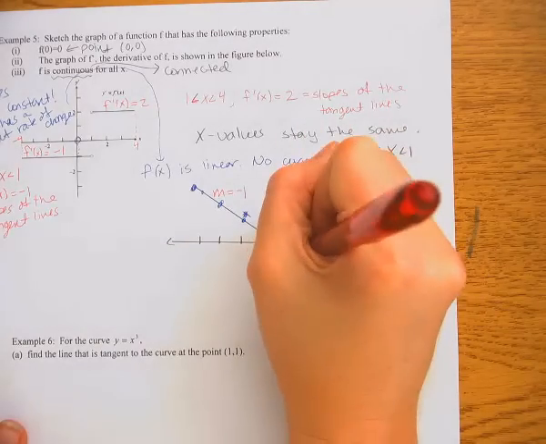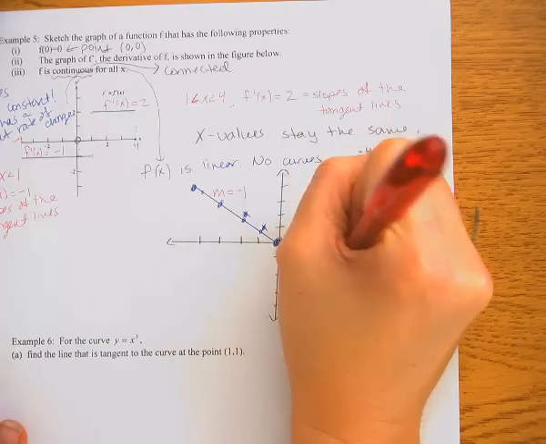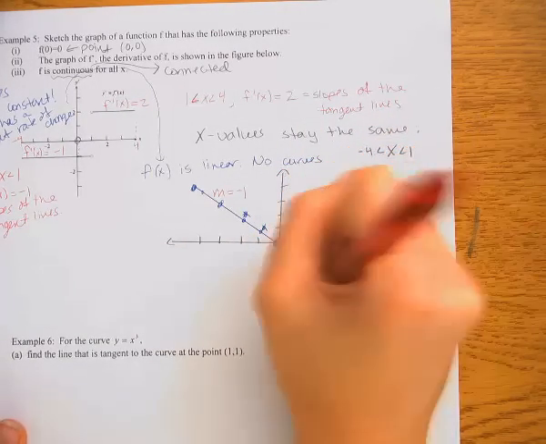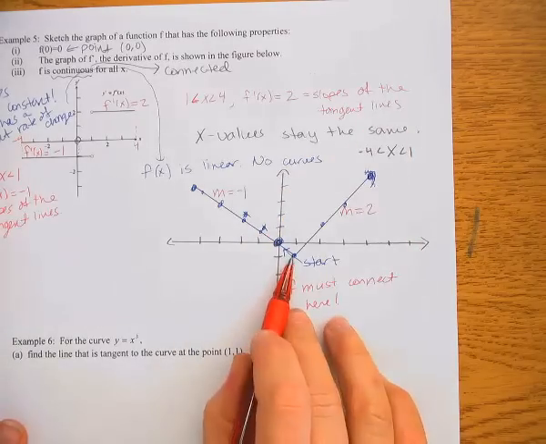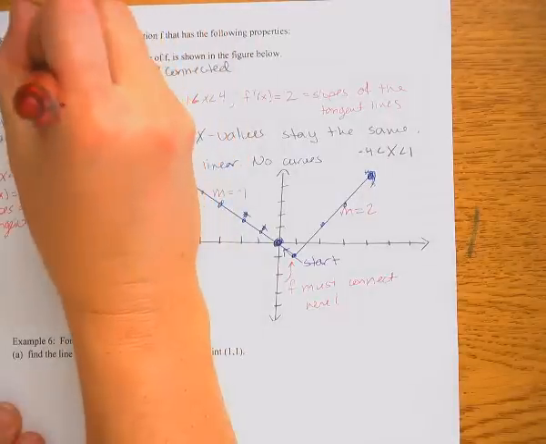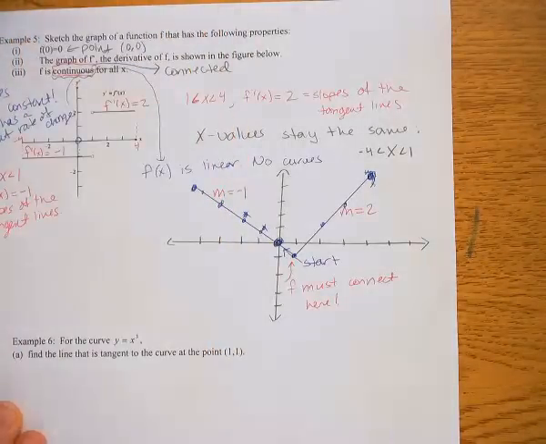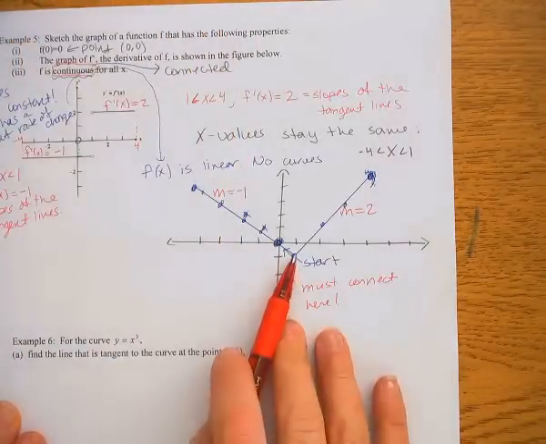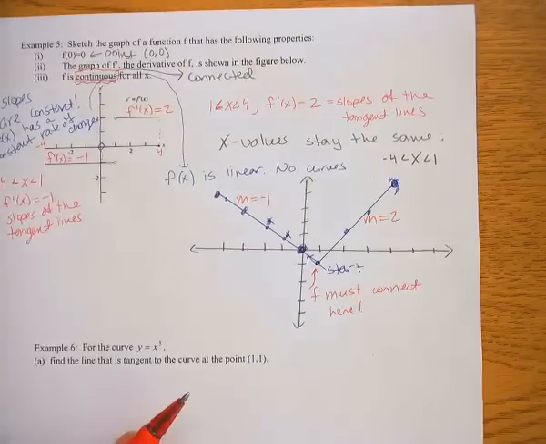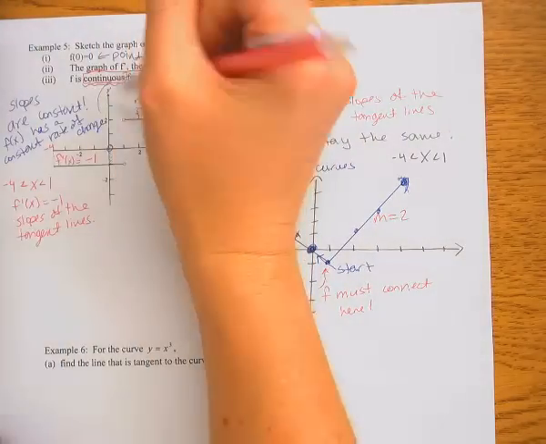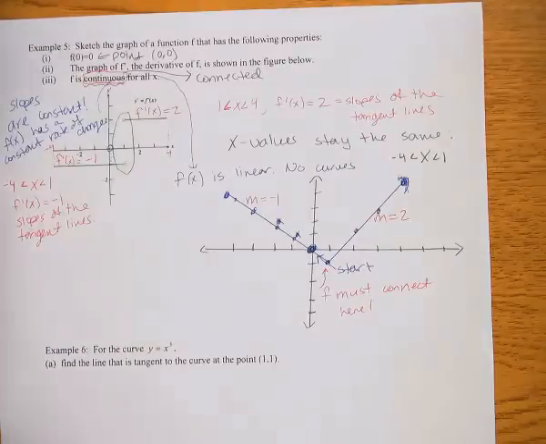Notice that we had to have f connect. The reason why I made it connect there is because f is continuous, so it's connected. But I would like you to take a note of the fact that the derivative was undefined at 1.